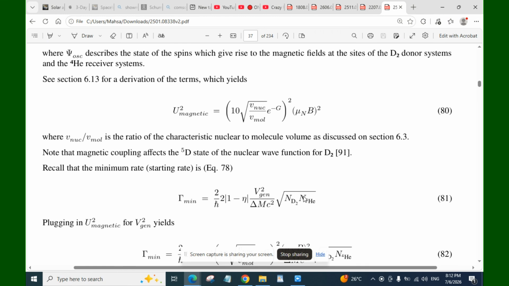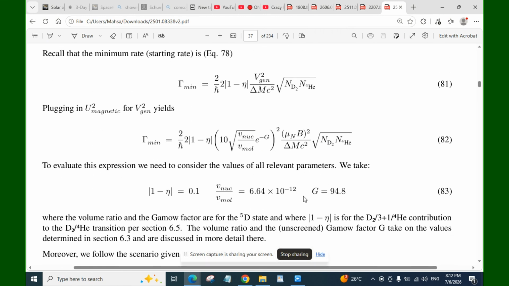Recall that the minimum starting rate in equation 78, tau minimum is equal to 2 divided by h multiplied by 2 absolute 1 minus n multiplied by Vhn to the power of 2 divided by delta mc to the power of the square root n deuterium and n helium 4.